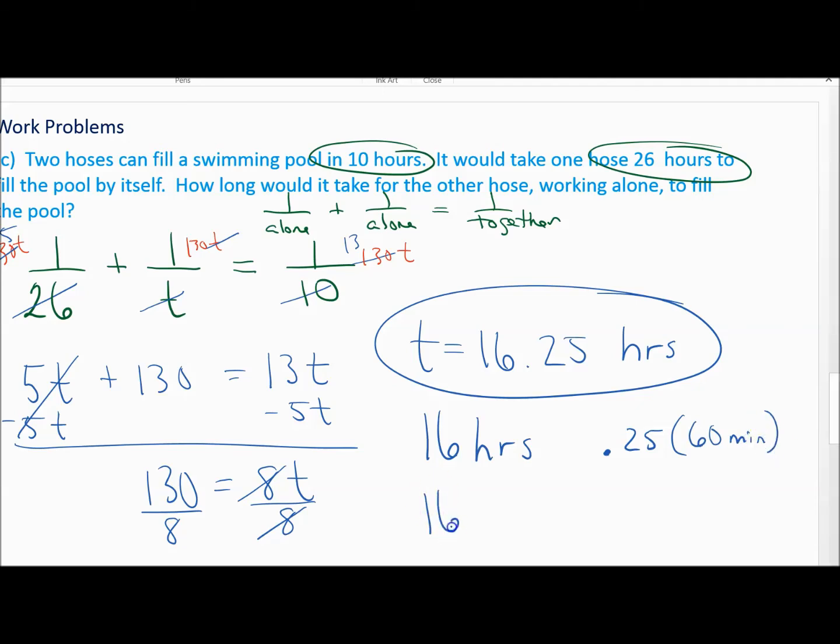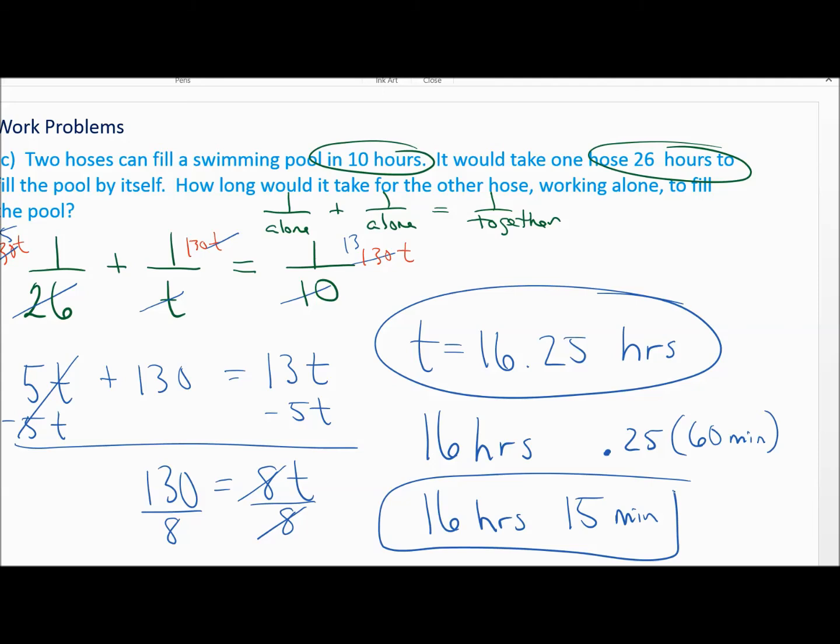So that's 16 hours, and 0.25 or 25 hundredths times 60 is going to be 15, and now that's in minutes.